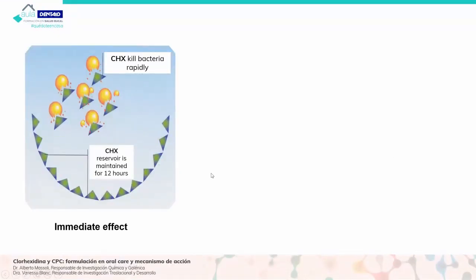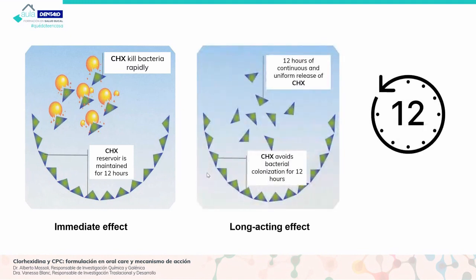Well, this direct action of the chlorhexidine on bacteria can have an immediate effect, or, due to its ability to adhere strongly to many sites in the mouth, the chlorhexidine can interact with carboxyl groups of proteins from the acquired pellicle and enamel, or with soft tissues, especially it binds to anionic glycoproteins and phosphoproteins of the oral mucosa in the palate and lips.